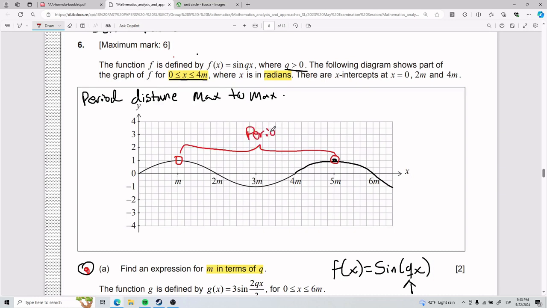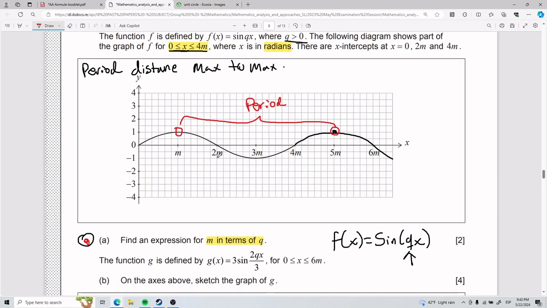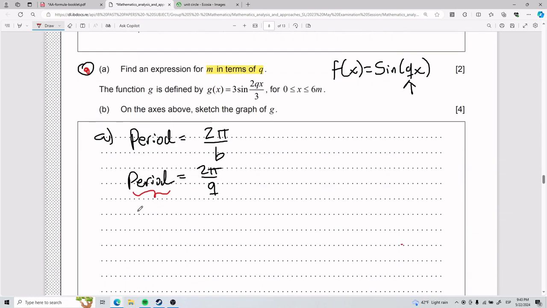And so this is going to be one period from max to max. So you're thinking it's 5m minus 4m. So 5m minus m gives you 4m. I gave the answer out loud. So the period over here we're going to call 4m. So 4m equals 2 pi divided by q.